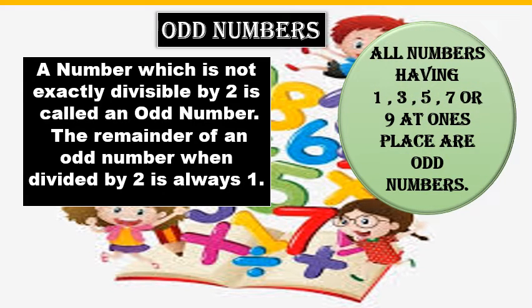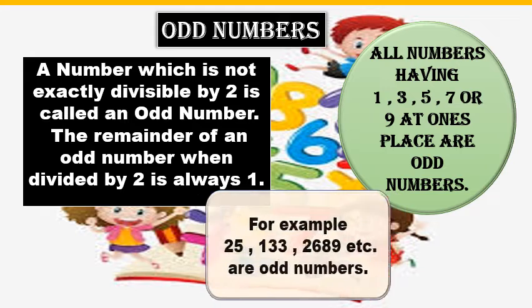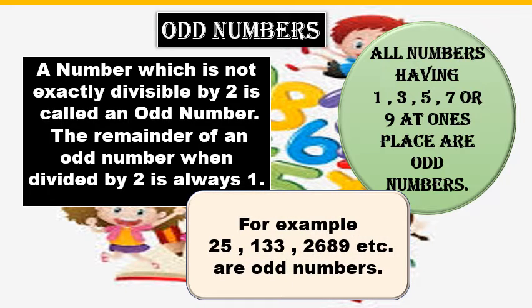So all the numbers having 1, 3, 5, 7 or 9 in their ones place are odd numbers. For example, 25, 133, 2689. These all are examples of odd numbers.